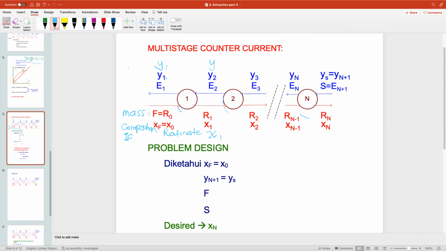Again, for the extract, E is the mass, and Y1 is the composition of C in the extract. That's why the graph of XY is going to be very beneficial, because it tells you the composition of the equilibrium between the raffinate and the extract, the leaving stages.